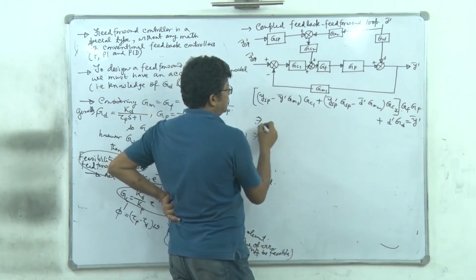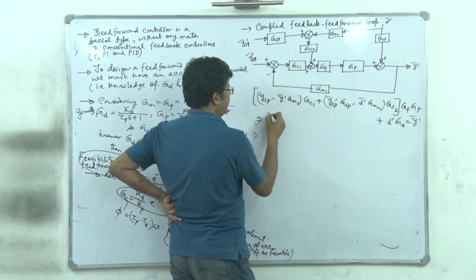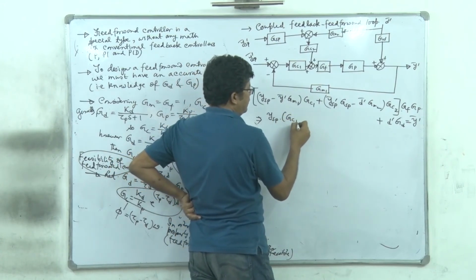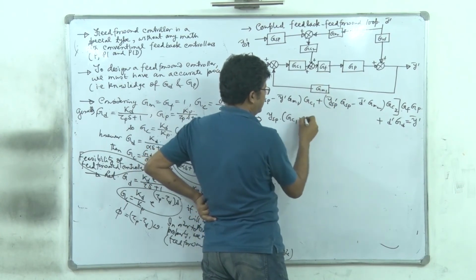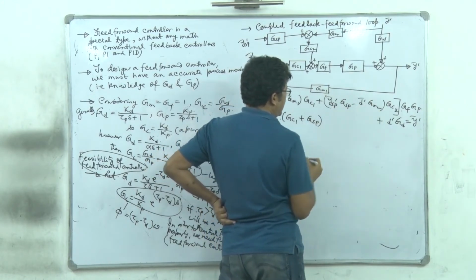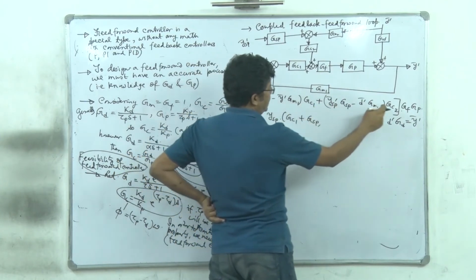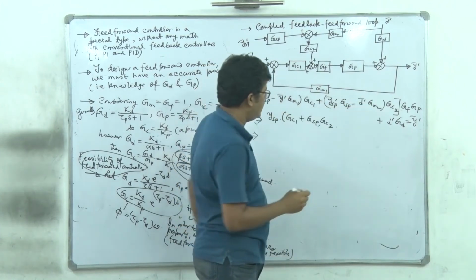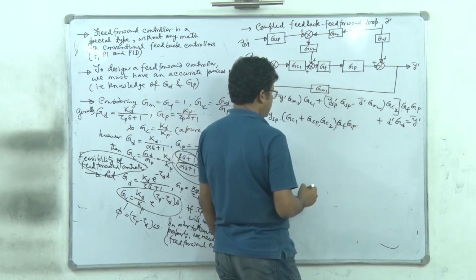So you see that if I shift this to this side, what will happen? So YSP now, GC1 plus GSP, or rather GC1 and GSP into GC2. Then the common multiplier GF GP, right?